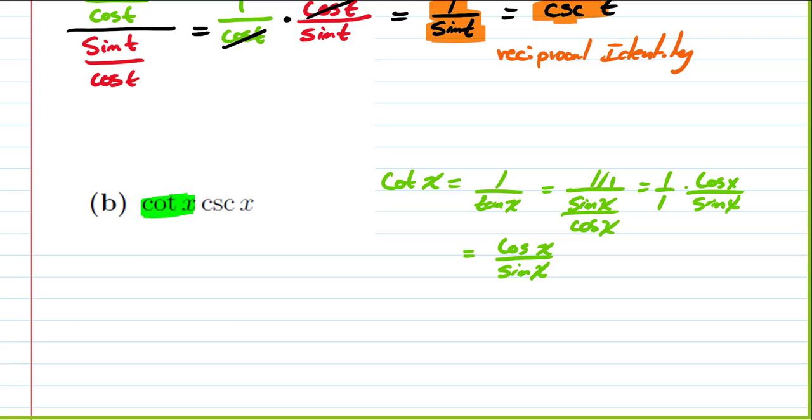Doing something similar with cosecant. Cosecant is 1 over sine.